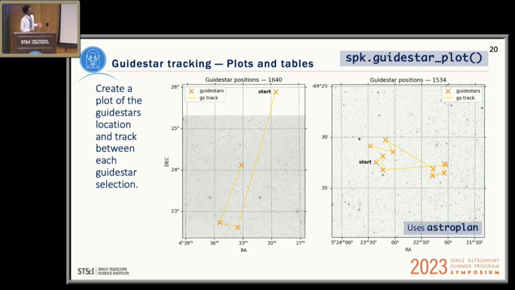And we can reference it across reference stars using something called astroplanet. We can easily visualize the location as well as the track over time to see which exact guide star is being tracked over time.